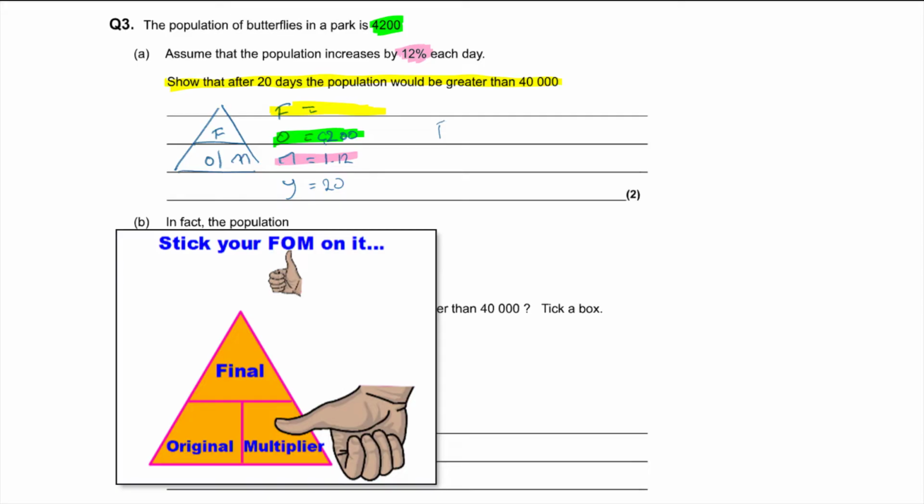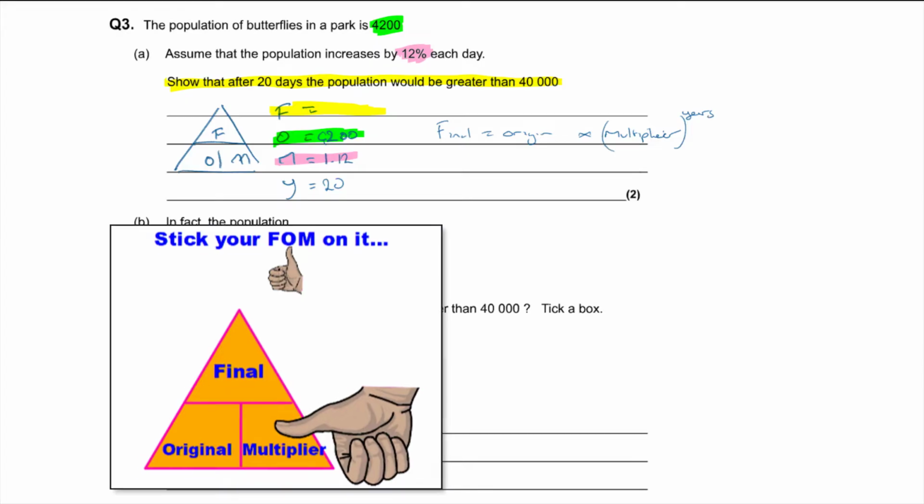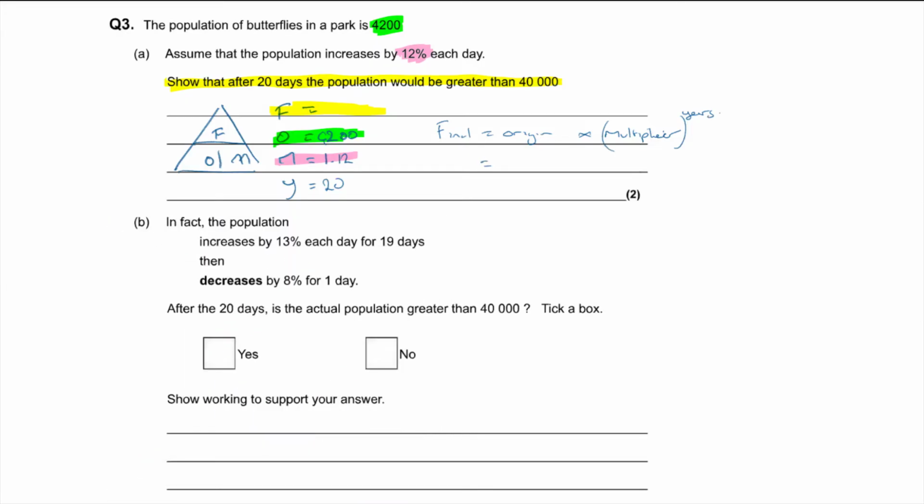Okay, so then final equals original times multiplier raised to number of years or days. In this case it's days, and so original is 4,200, the multiplier is 1.12, and the number of days is 20.